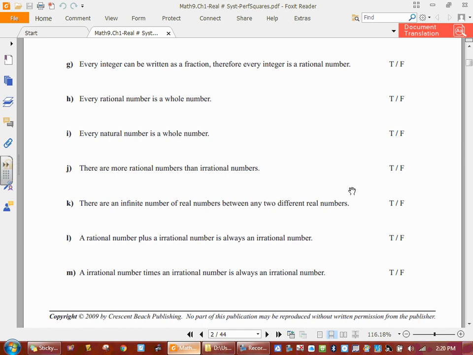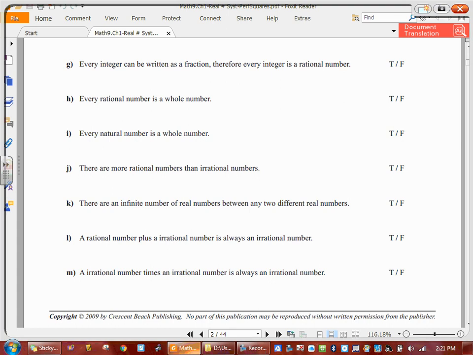All right. H. Every rational number is a whole number. Oops, wrong box. It's a whole number. Will it still fit in there? No, it's not fitting in that small box. Right, there's no fractions in that section, but this is what it means by that. I could write -7 as -7/1, or I could have -7 be the answer of a fraction.